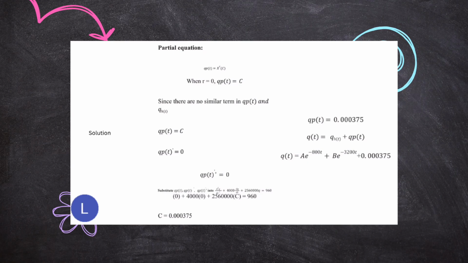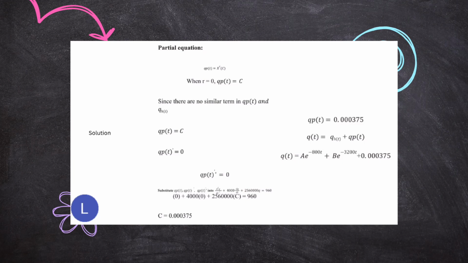Then we are going to substitute Qp, Qp prime, and Qp double prime into the characteristic equation to find the C. Thus, we find C equals 0.000375. Hence, Qp in terms of t is equal to 0.000375. And then for the final answer, Q(t) equals Qh(t) plus Qp(t).